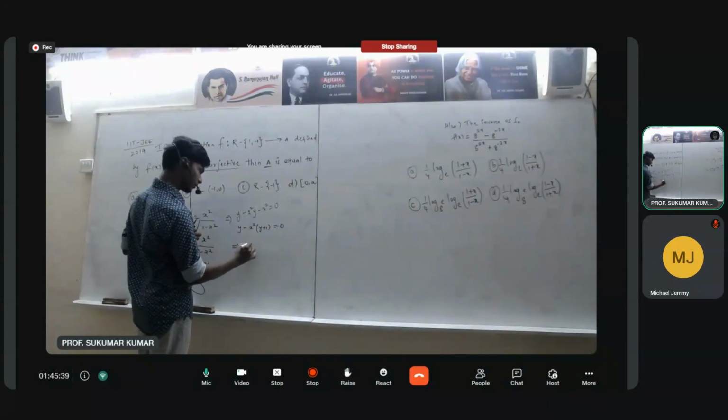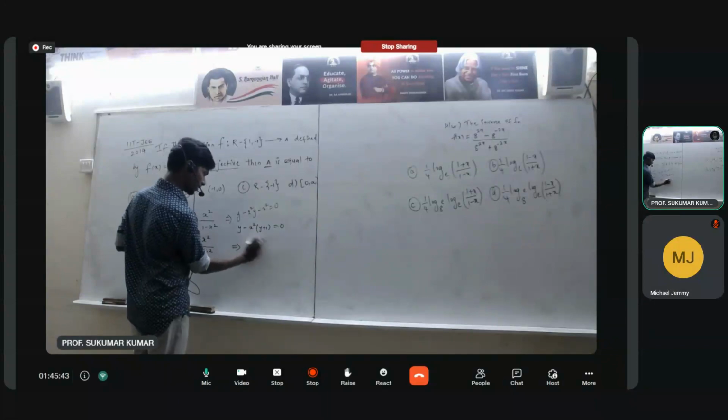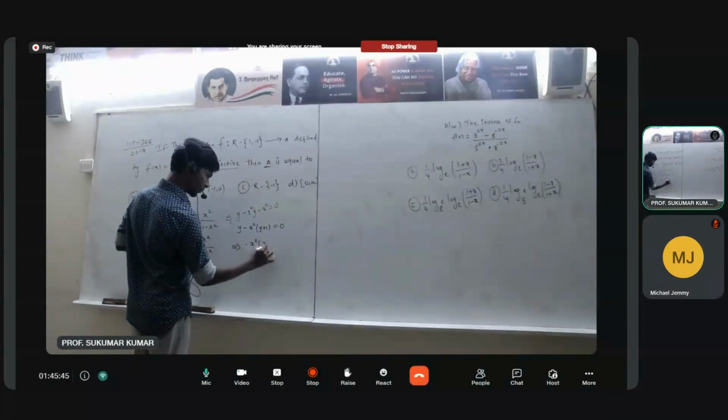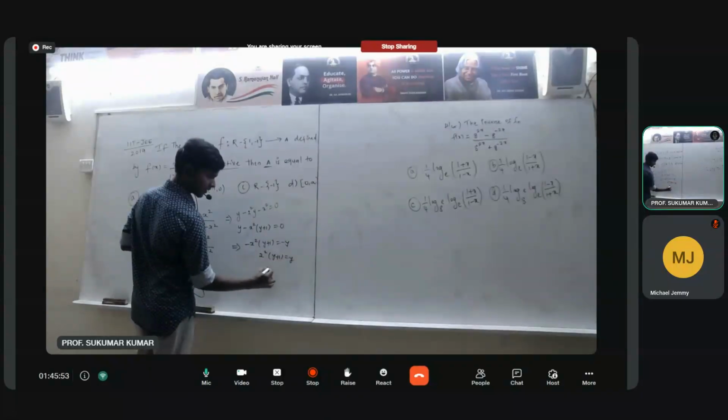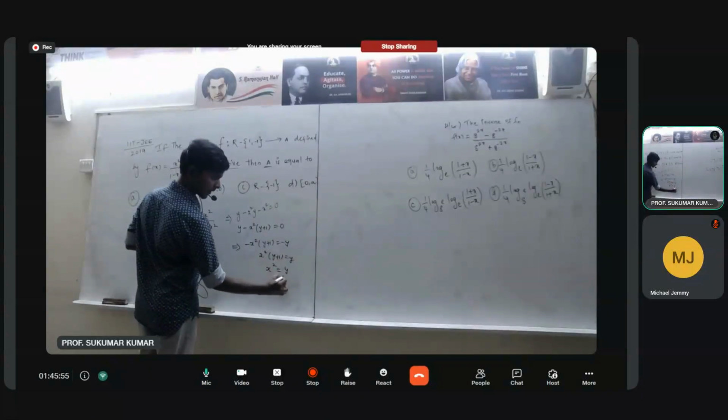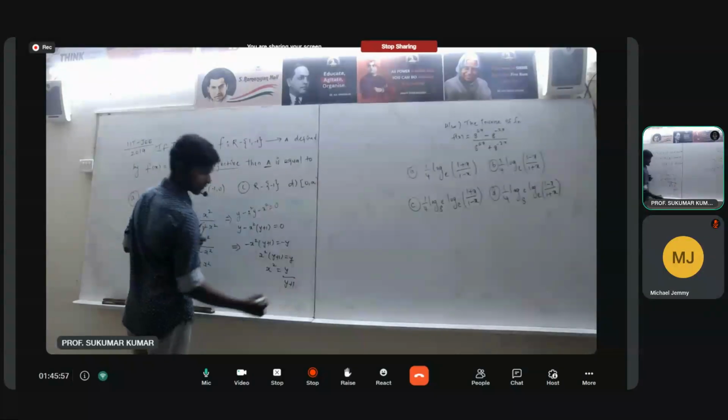Again, minus x squared times y plus 1 is equal to minus y. Minus minus getting cancelled. Then x squared is nothing but y divided by y plus 1.